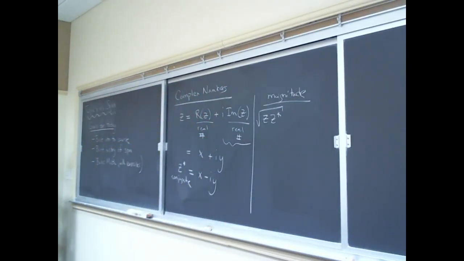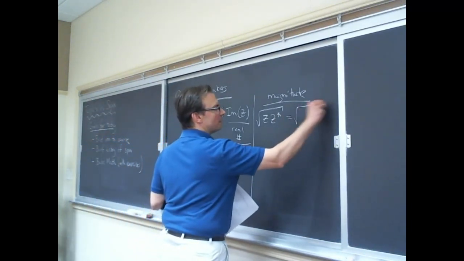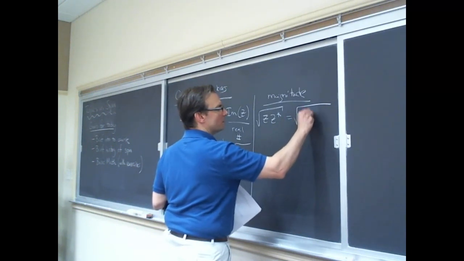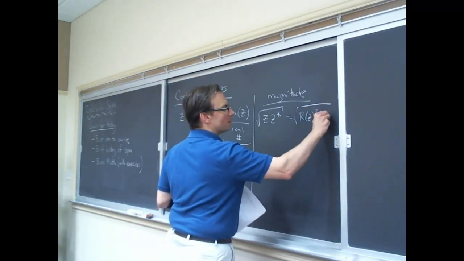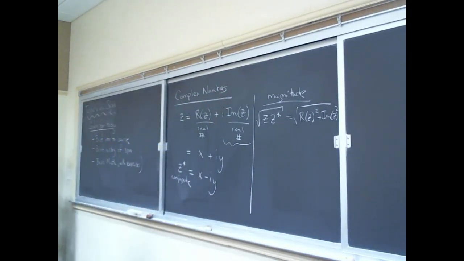If you check that out, you'll find that product is guaranteed to return to you a real number, okay? And so this just winds up being the square root of the real part of z squared plus the imaginary part of z squared. All right, so there's no magic in any of this. I'm reviewing this just to be very basic.